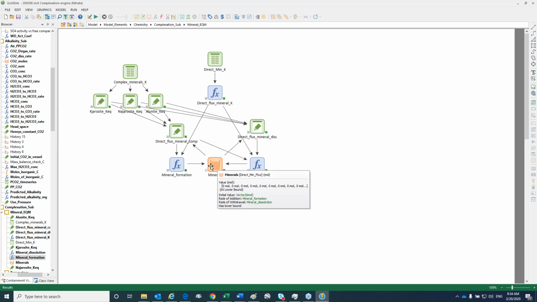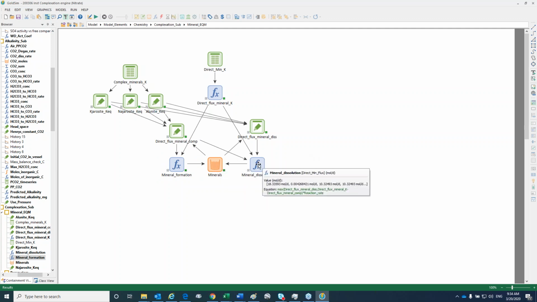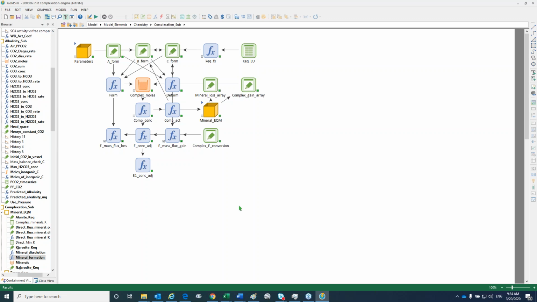And if the concentration in the complex form ever goes below the solubility limit, then we have a direct dissolution of the mineral form back into the complex form. So it would be just a conversion of, for example, CaSO4 solid with a subscript s to CaSO4 subscript aq. That's basically how the terminology works.